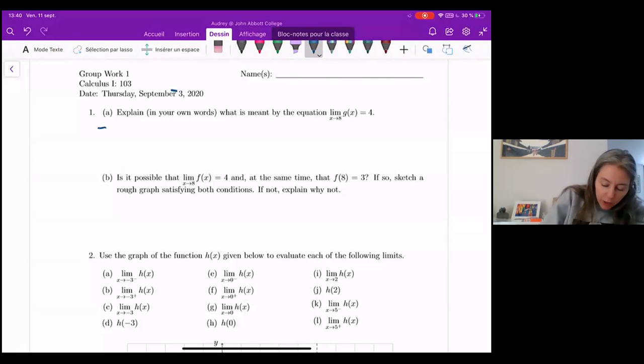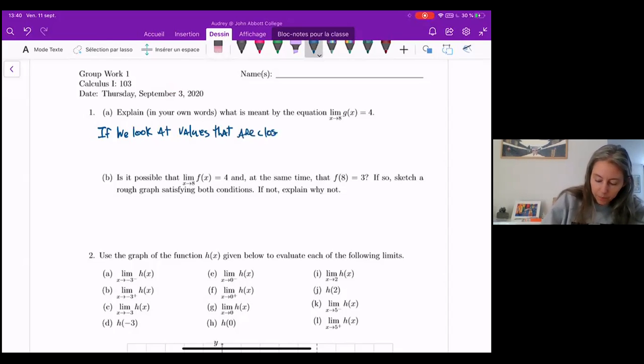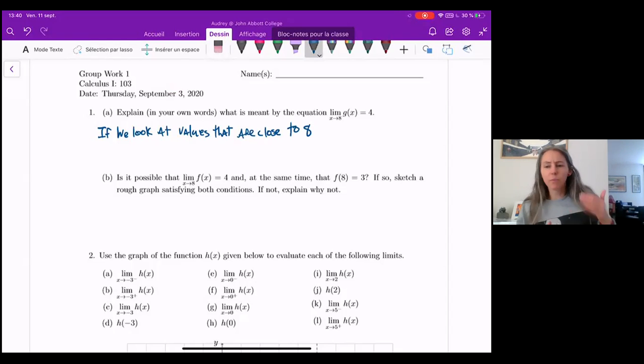that if we look at values that are close to 8, so in other words, I would be looking at like 7.9, 7.999, 7.99999, and 8.1, 8.01, 8.0001.